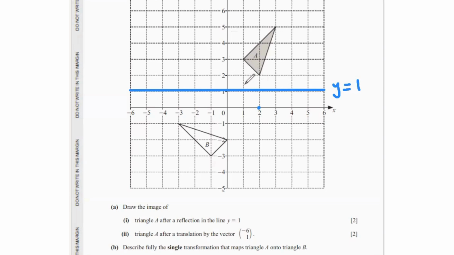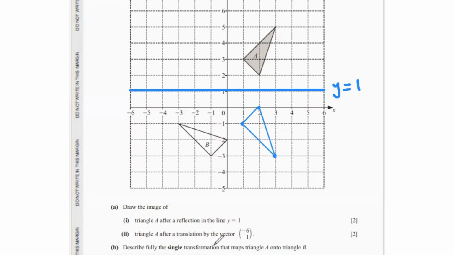Similarly, this point is 2 units. So again, we go 2 units. So this is where this is. And this one is 4 units. So 1, 2, 3, 4. This is your third point. So I'm going to connect these. And as you can see, this is a reflection of triangle A in the line y equals 1.